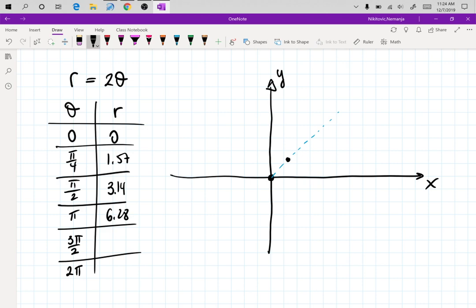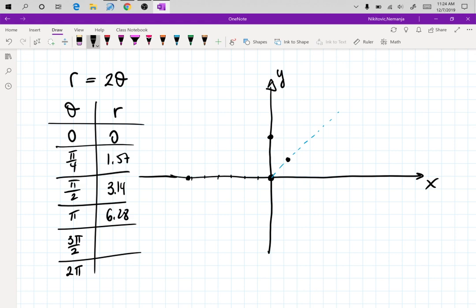One and a half units is about there. Pi over 2 is 3.14 units. It's right here. And then at pi it is 6.28 units. So 1, 2, 3, 4, 5, 6.28 units.